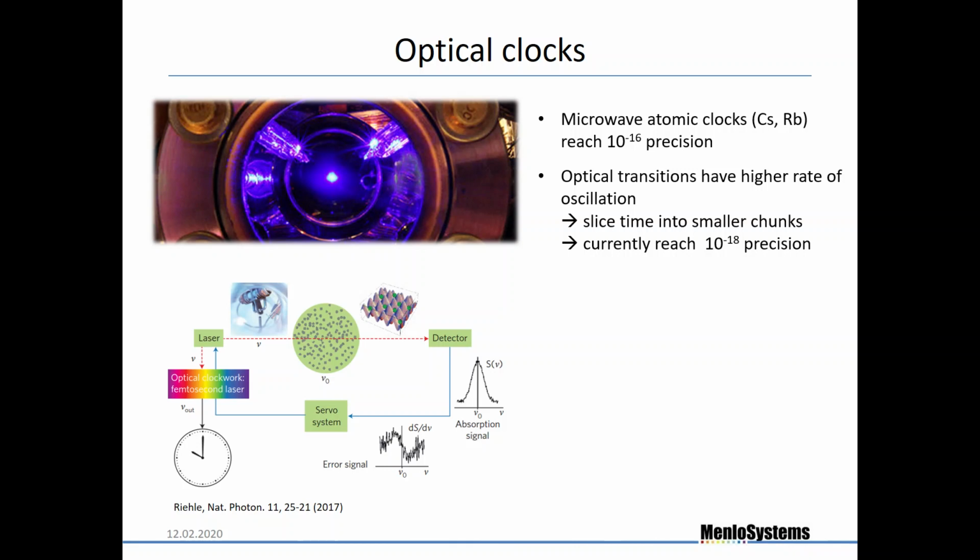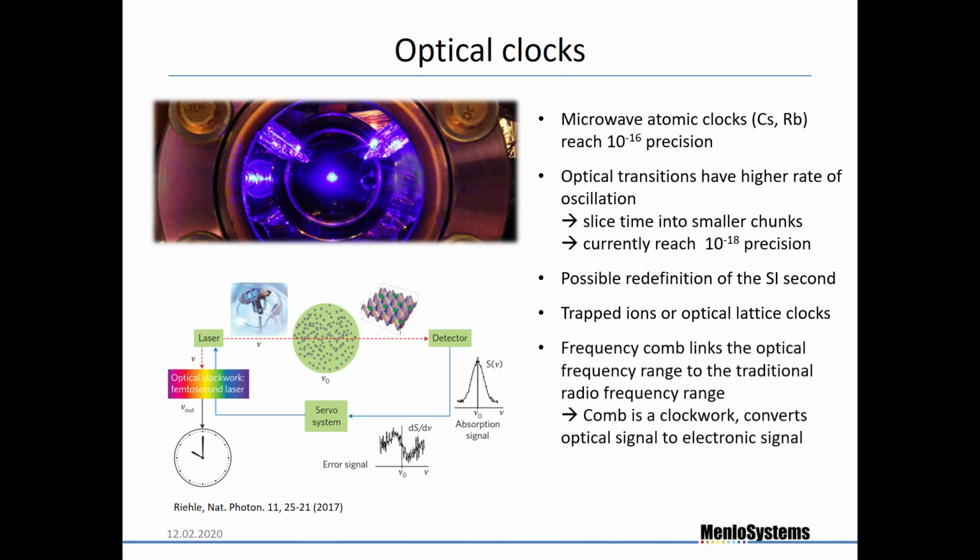So that's absolutely mind-blowing, and there have been discussions about redefining the SI second based on an optical clock. But the technology is not yet ready for this because they are still evaluating different concepts that either use trapped ions or optical lattices. And here the frequency comb is used as a clockwork, so to say.